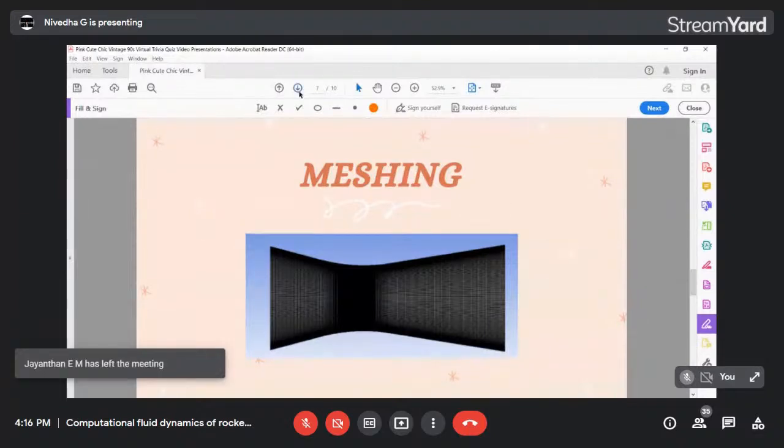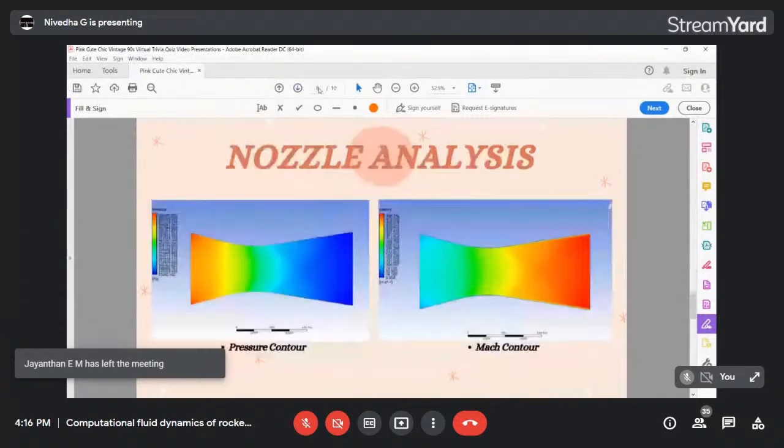Okay, coming to the post process, you can see your contours here. Before that, I would like to touch upon a few points, which happen to be what are the models I used and all of that.